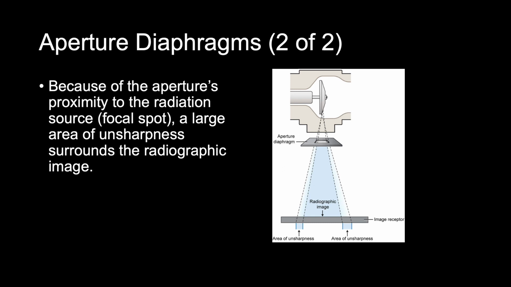You can see in this picture here, because of the aperture's proximity to the focal spot, there's a large area of unsharpness that surrounds the entire radiographic image that we do not want. So that's why the aperture diaphragm is not most commonly used nowadays, as are the other beam restricting devices.